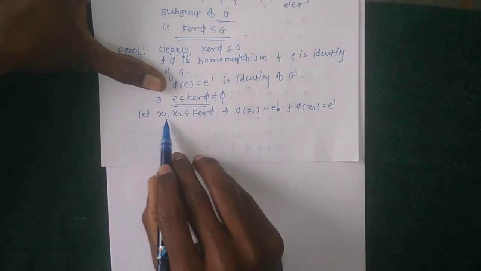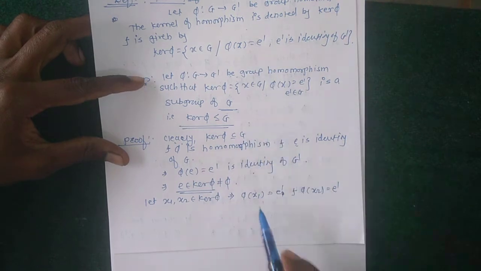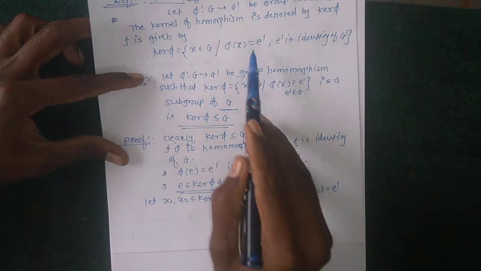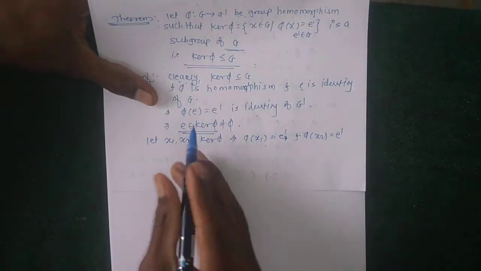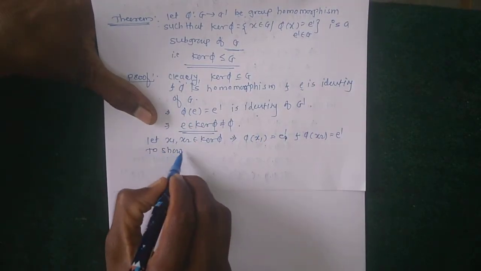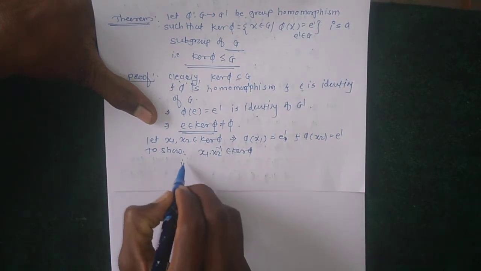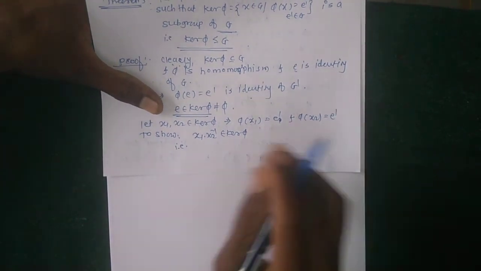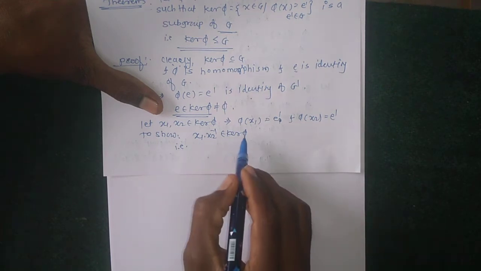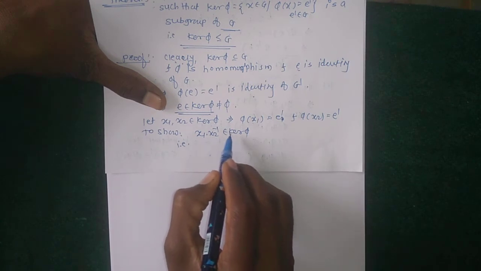Okay, so x1 and x2 belong to kernel phi, which implies that phi of x1 equals phi of x2, the image of e dash in G dash. So to show that kernel phi is a subgroup of G, we need to show x1 into x2 inverse belongs to kernel phi.